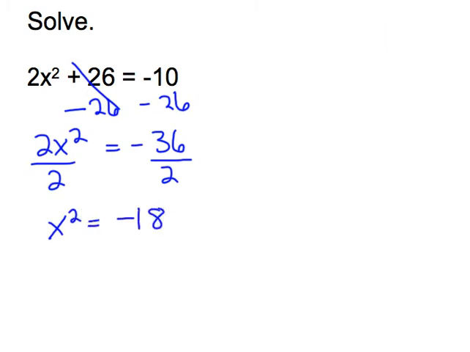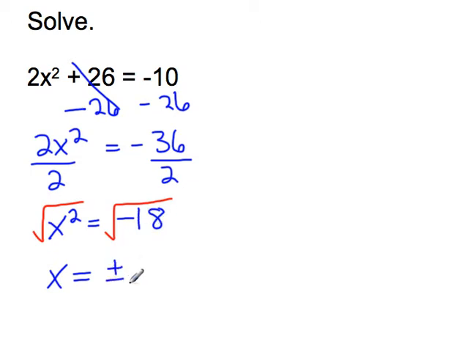Now in order to solve for x, we need to take the square root of both sides of the equation. Square root and squared cancel each other out, leaving me with x. And remember, we put this square root in here, so I need a plus or minus, very important.